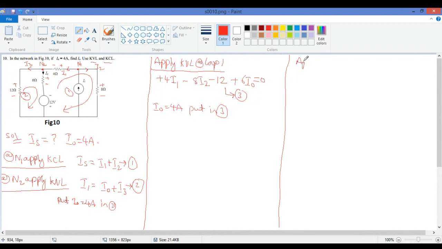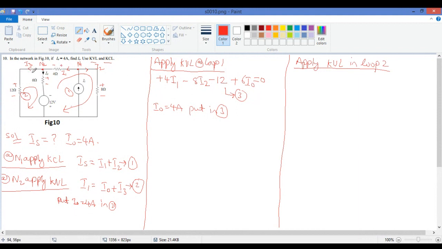Apply KVL in loop 2 first, because here all these things are known, so that we can get any of these values. So let us apply here.